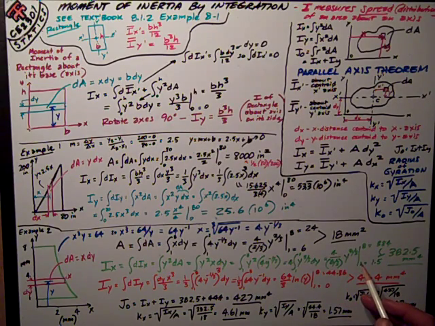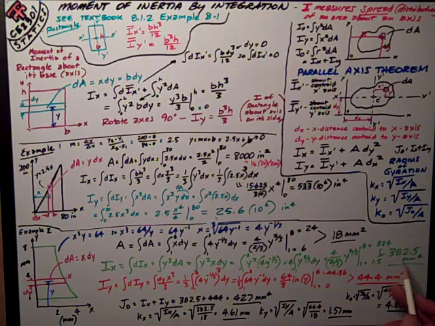Plug in the values of y at 1 and 8, and I get 384 and 1.5, so I subtract that and I get 382.5 millimeters to the 4th. Remember, all units of moments of inertia are some dimension to the 4th power.